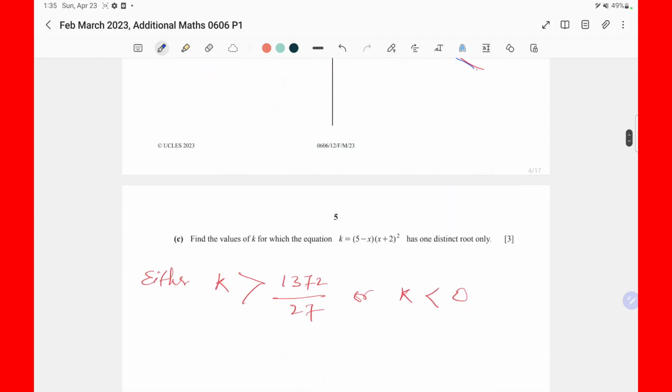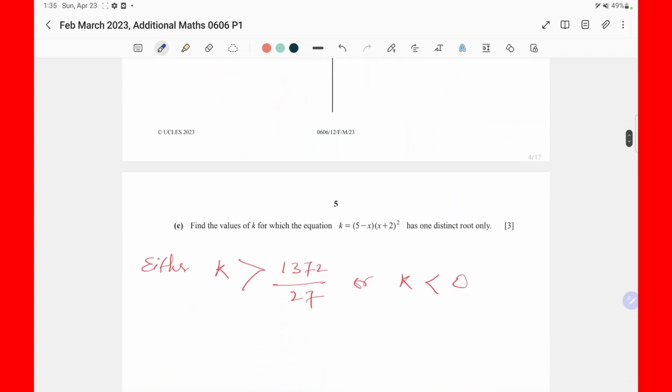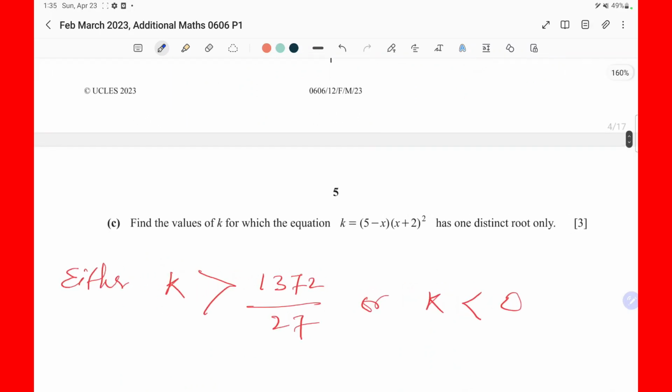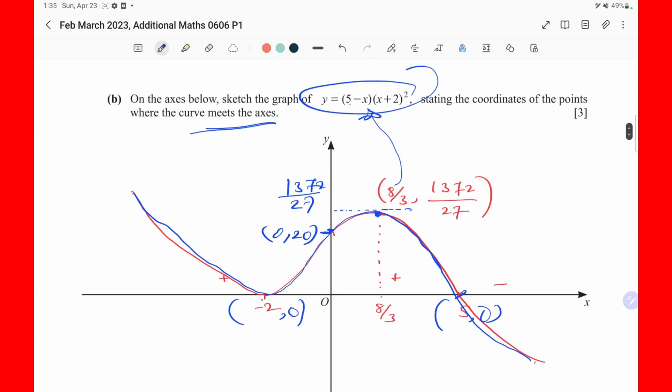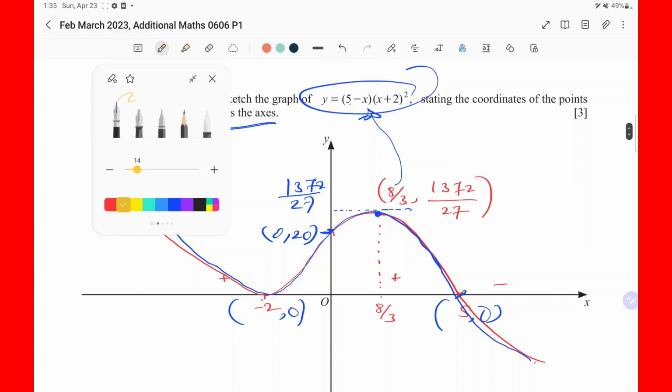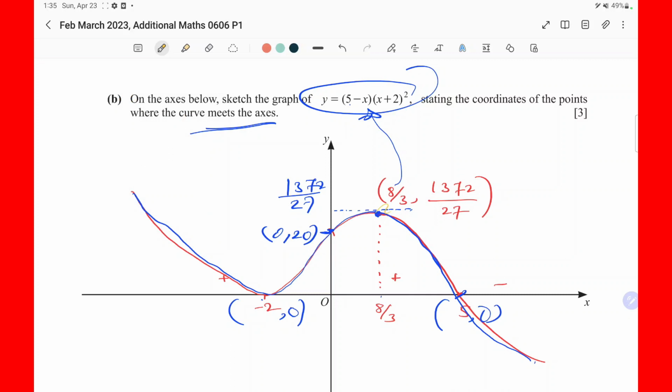Okay, now find the values of k for which your equation 5 minus x bracket x plus 2 whole square equals k has one distinct root only, like only one root. It's clearly understandable. Like if you draw a tangent over here at this point, then this is also intersecting at 2 points.